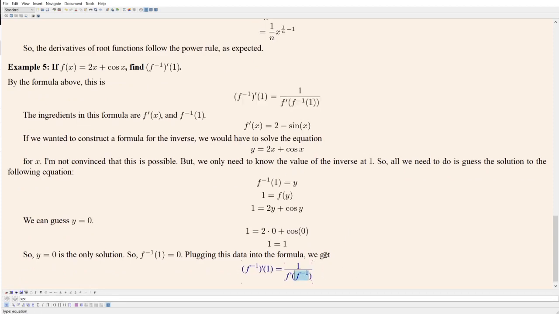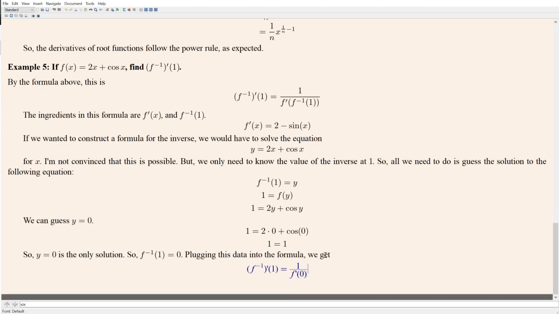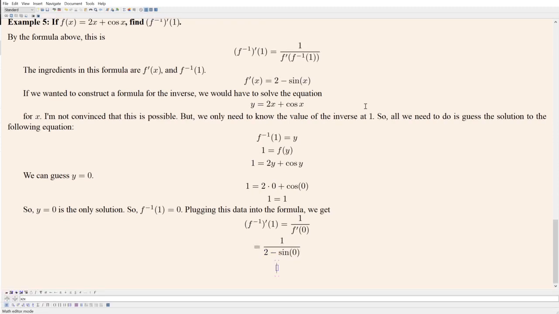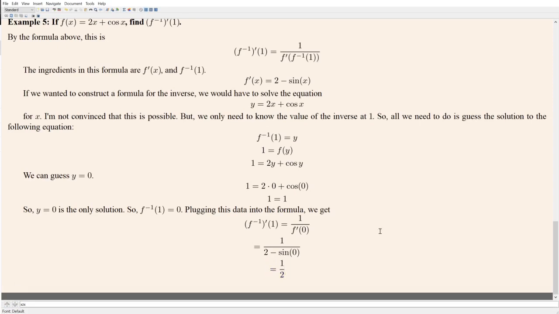So f inverse of 1, we have revealed, is 0. F prime was this, 2 minus sine. So that's 2 minus sine at 0. Well, sine at 0 is 0, so this is all just 1/2. And we are done.